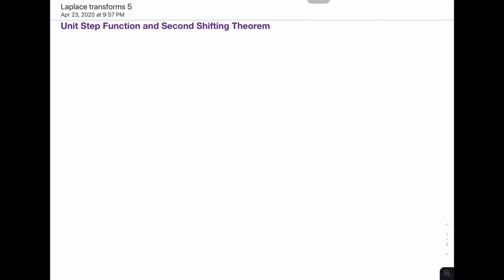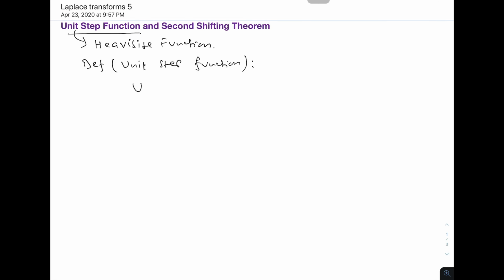It is defined like this: a function u of t minus a is equal to 0 if t less than a and 1 if t greater than a. So this is the definition of unit step function.